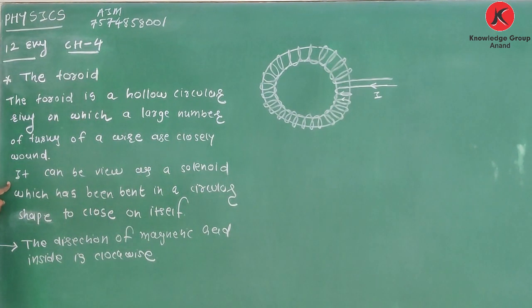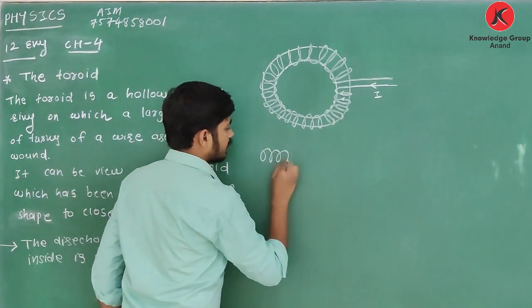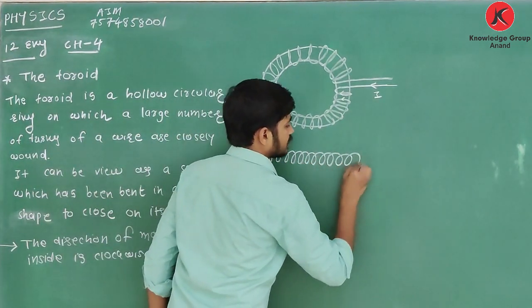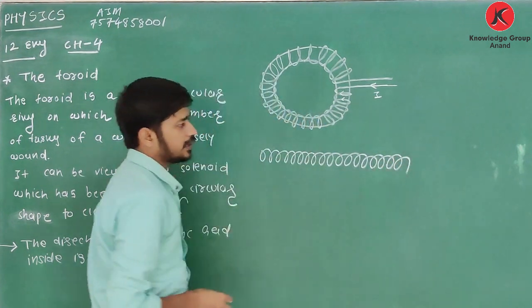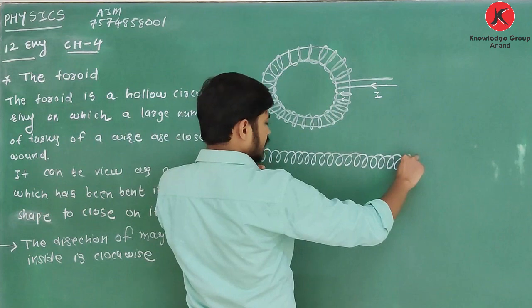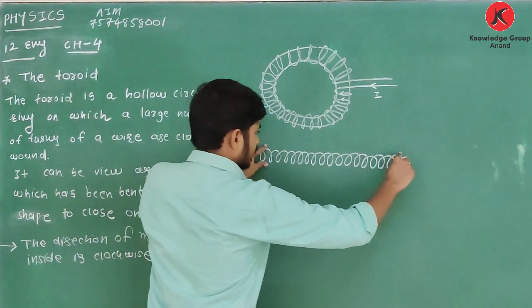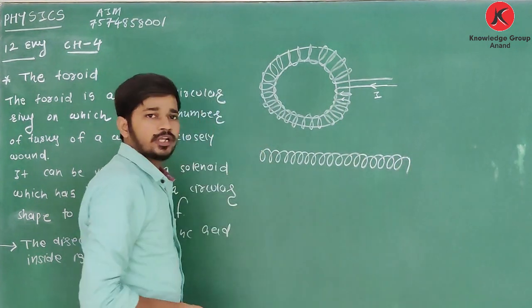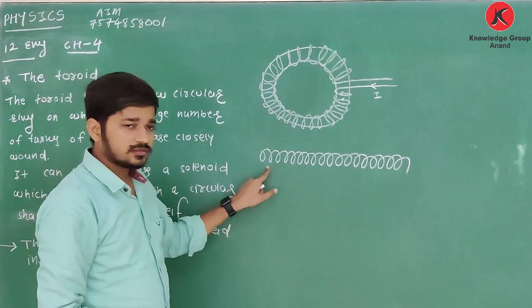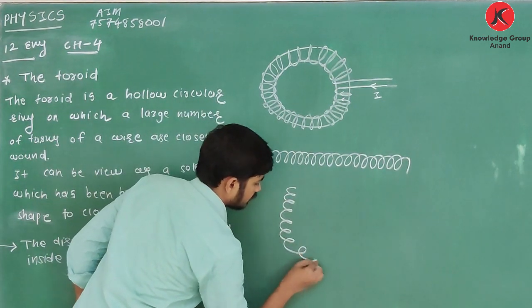It can be viewed as a solenoid which has been bent in a circular shape to close on itself. How? See, for example, this is a solenoid. Now if I take these two ends and join them, if I connect these two ends of the solenoid, then obviously it will become like this.